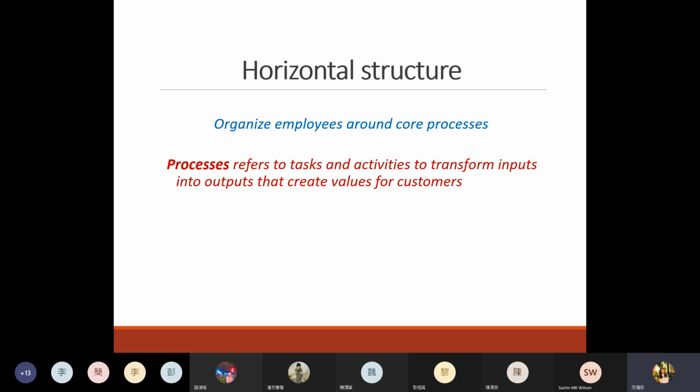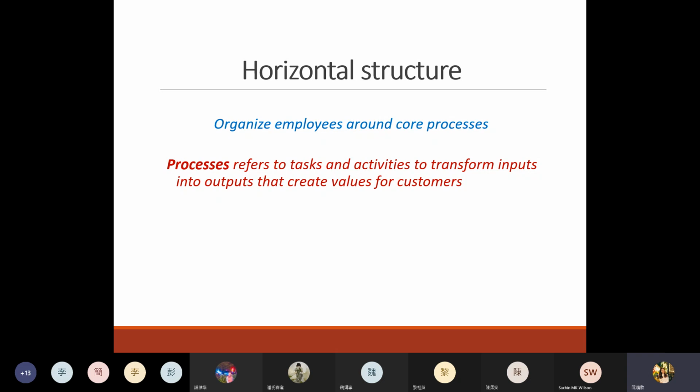Now we move to another structure, which is even more innovative in terms of organizing, called a horizontal structure. The very basic principle of horizontal structure is that it organizes people around the core processes.